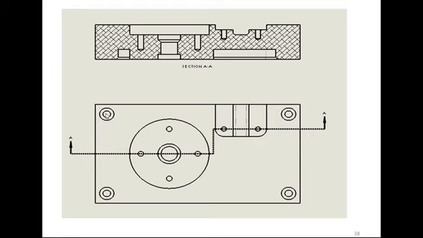So it will look like this, about this level and about this level, and whatever remains with hatching is the solid part. So whatever offset holes there are, we show in one sectional view by using an offset sectional plane.